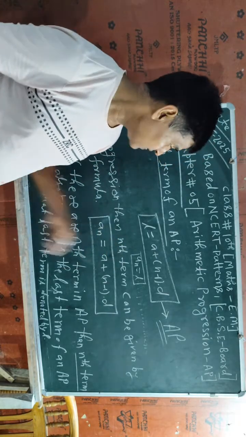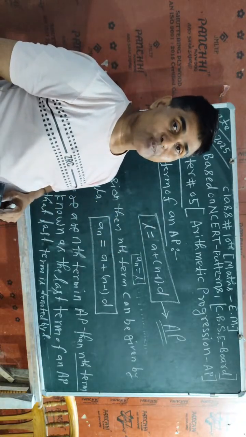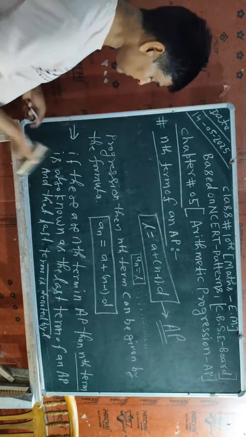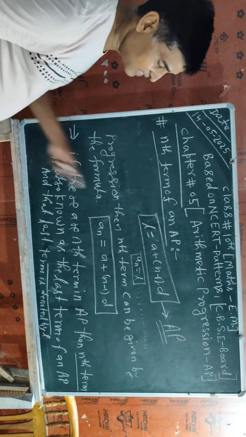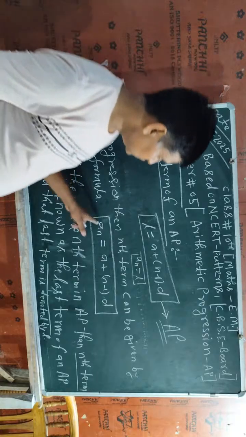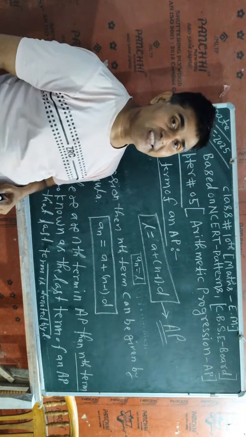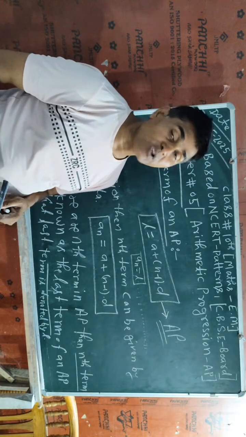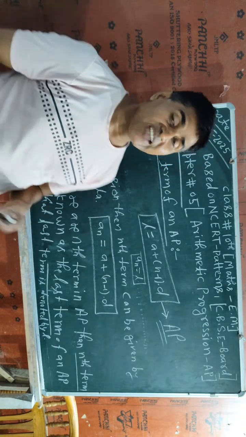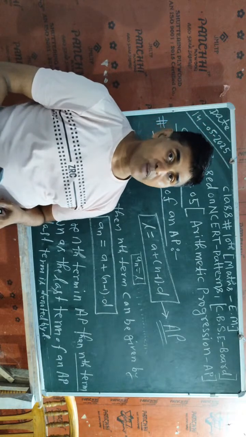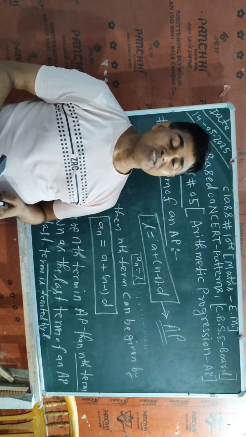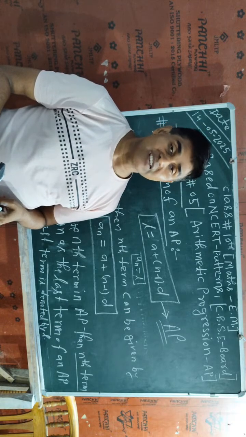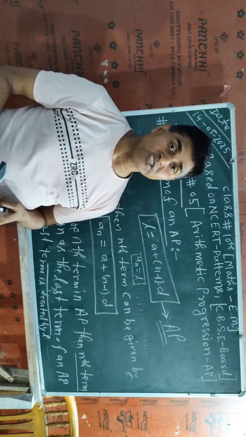Okay, student. Now this concept I am going to explain with the help of numericals. I will take some numericals from the textbook and solve them, and show how we calculate the nth term of the given sequence. If a sequence is given, first of all I will decide whether the sequence is in arithmetic progression, geometric progression or harmonic progression. First I will consider the difference of two consecutive numbers.